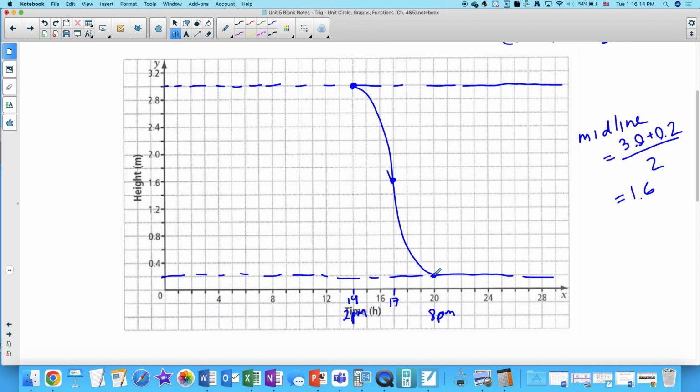So one cycle, or I should really use the word period here, half a period is 6 hours, so one period is 12 hours. And this is true. The tide goes in and out twice per day. Okay, so now I'm going to start to fill in some other points. This was 3 hours after, so 3 hours before, it's going to be in the middle.